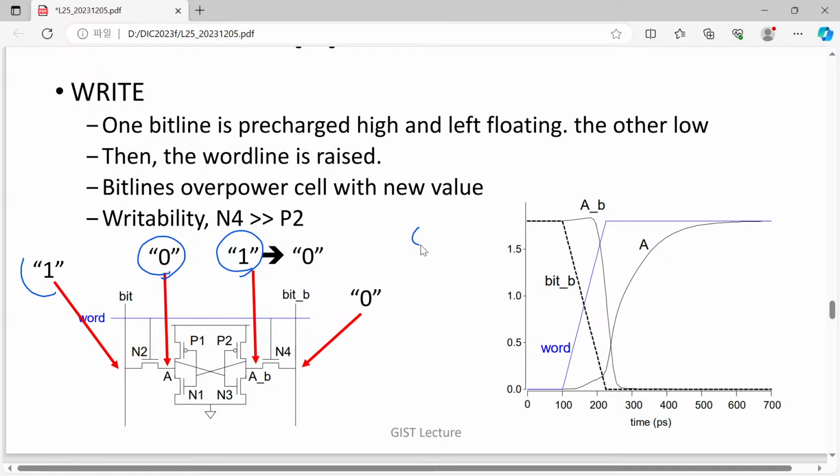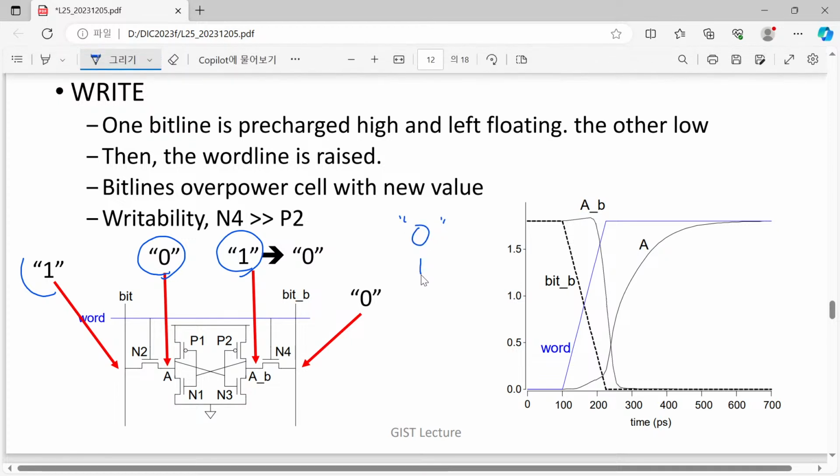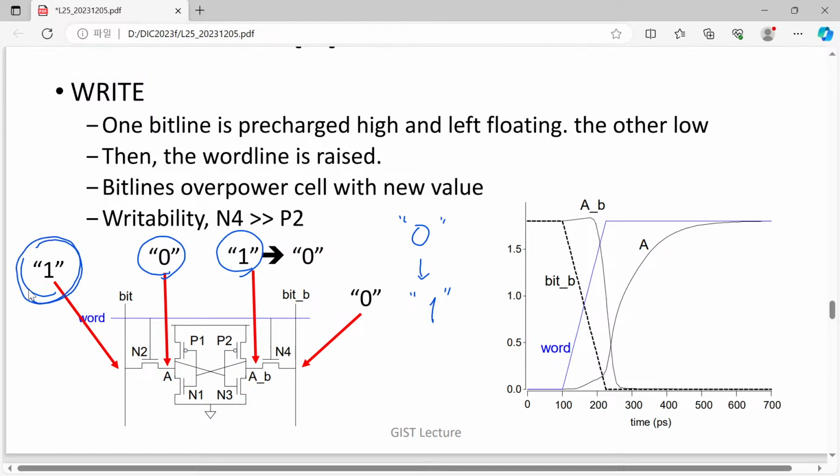Previously there was 0, however now I want to write 1. Then in order to write 1, we provide 1 to this bit line and 0 to the bit line bar.